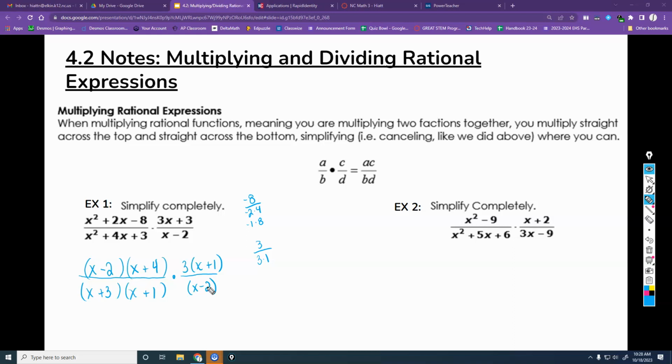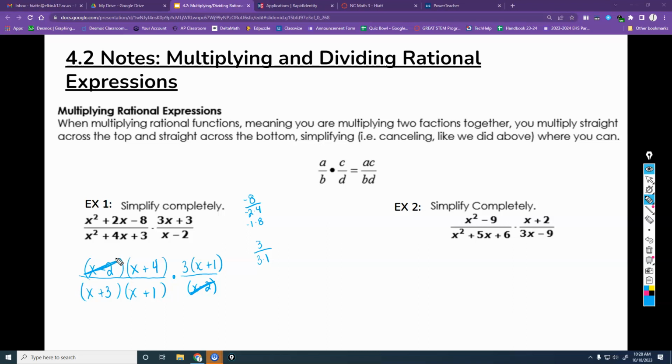Okay, so to simplify here, like to multiply, I would just multiply straight across. So basically for multiplying problems, you can cancel anything on the top with anything on the bottom, even if they're not in the same fraction. So like this x minus 2 down here, I can cancel it with this x minus 2 over here, as long as one is on top and one is on bottom.